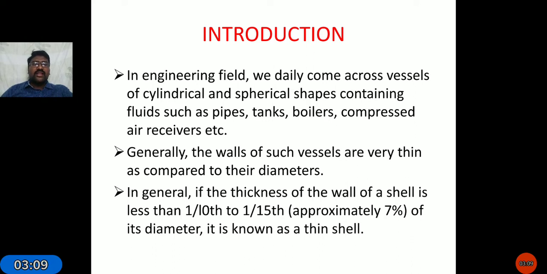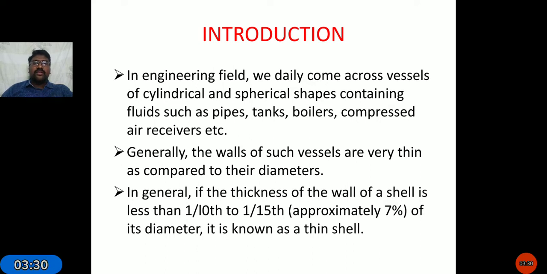In general, if the thickness of the wall of the shell is less than 1/10th to 1/15th of its diameter, it is known as a thin cylinder. If the thickness is greater, it is known as a thick cylindrical shell.